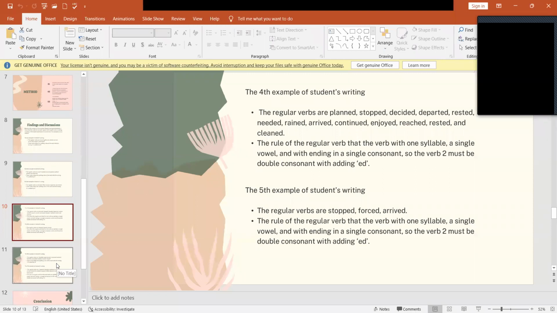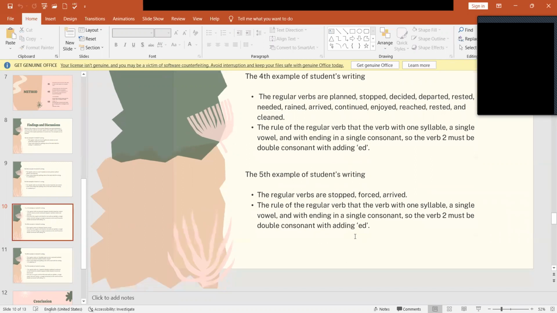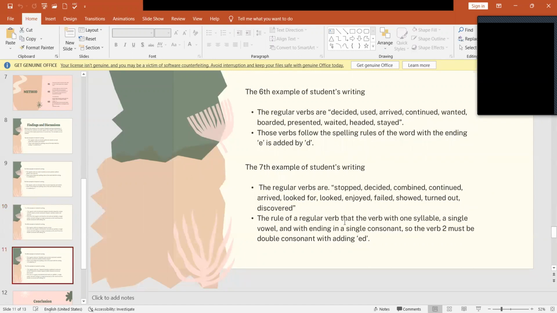For example, verb 1 is stop, and it changes into verb 2 by adding ED at the end, stopped, and then force, verb 1, changes into verb 2 forced, and then verb 1 arrive changes into verb 2 arrived.